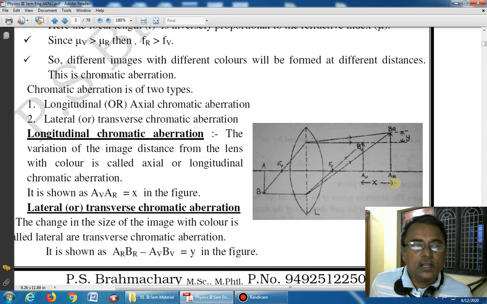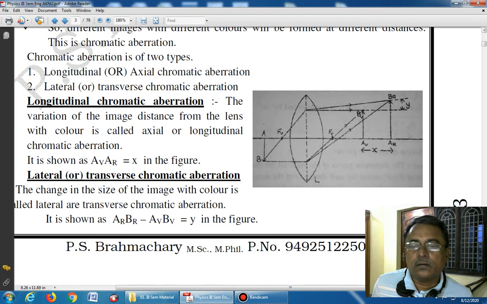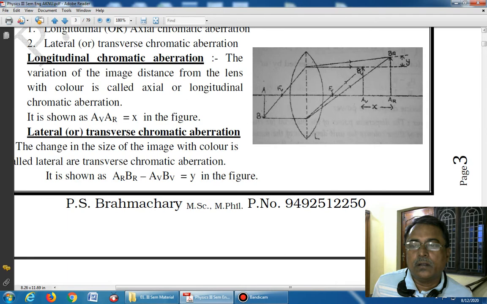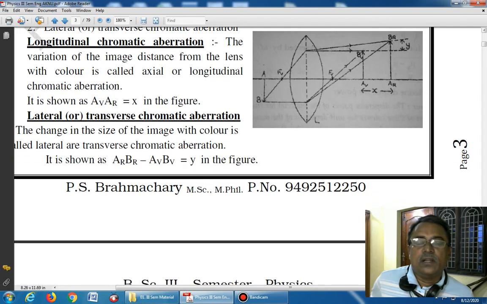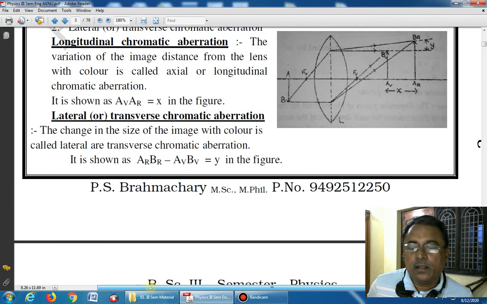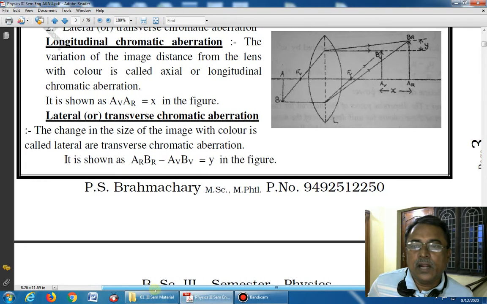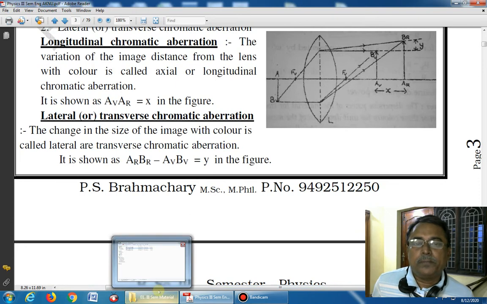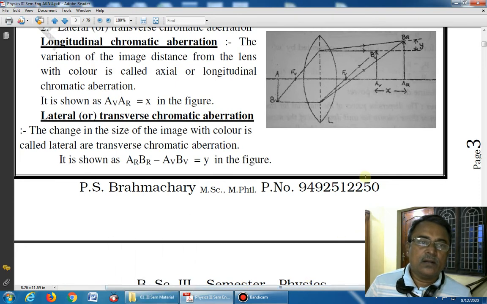Next one is lateral chromatic aberration. Lateral or transverse means perpendicular to the axis. Here what matters is the perpendicular distance on the axis, that means the size of the images.